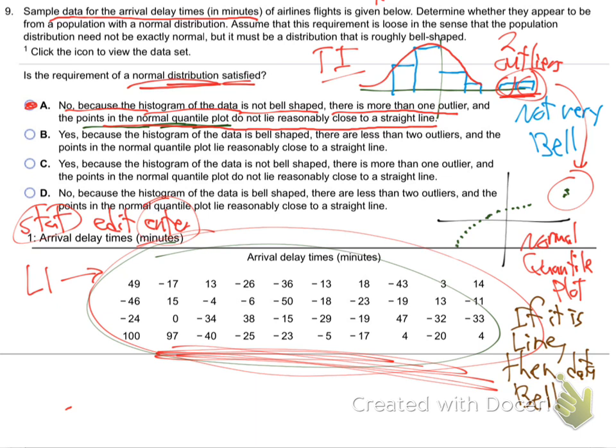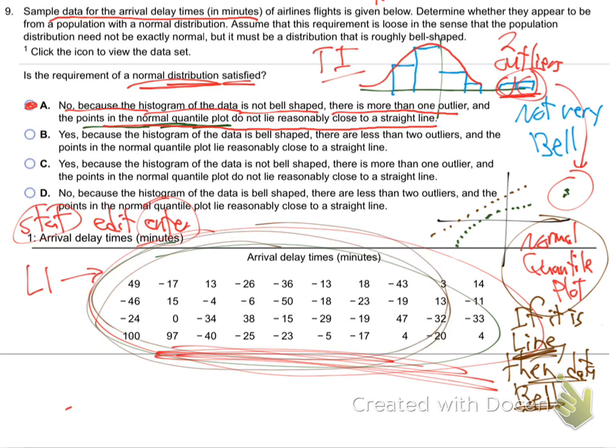You want this normal quantile plot to come out like a straight line, or really close to a straight line. If the normal quantile plot comes out to be a line, then that means the data is bell-shaped. Or if you just graph the original data like this, it should look like a bell with maybe at most 1 outlier, but this had 2. So there we go.